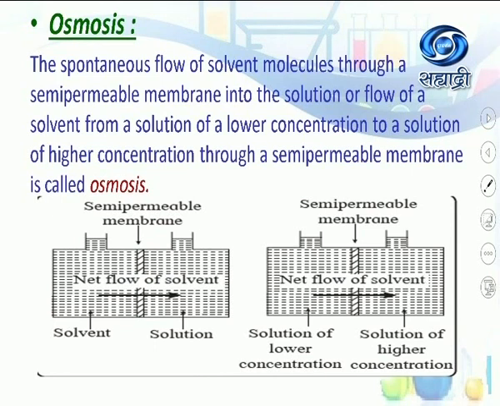So when they are separated by a semi-permeable membrane, we observe a spontaneous flow of solvent molecules into the solution through this semi-permeable membrane. This is a unidirectional flow. Solvent molecules pass into the solution through this semi-permeable membrane.